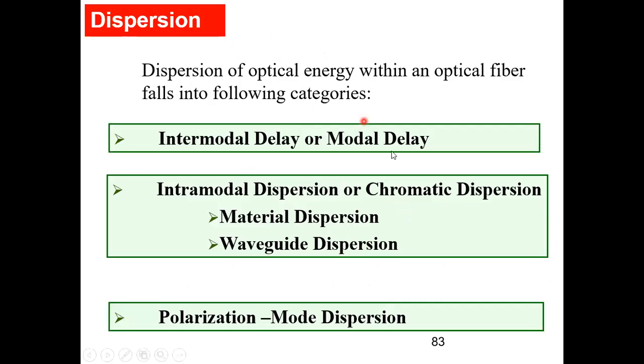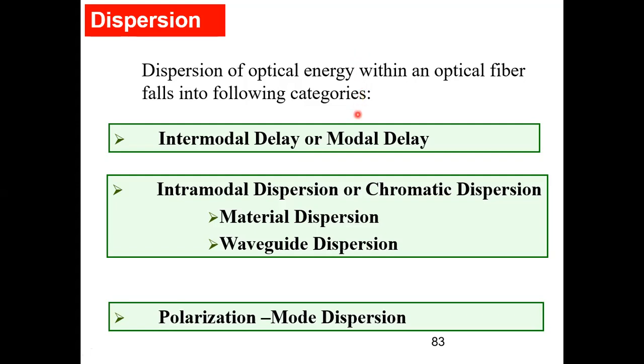So this was the chart of the dispersion. Dispersion was of three types: intermodal, intramodal, and polarization mode dispersion. Today we will be studying intermodal dispersion. Intermodal dispersion takes place in a multimode fiber, where I have a number of modes propagating in the fiber.